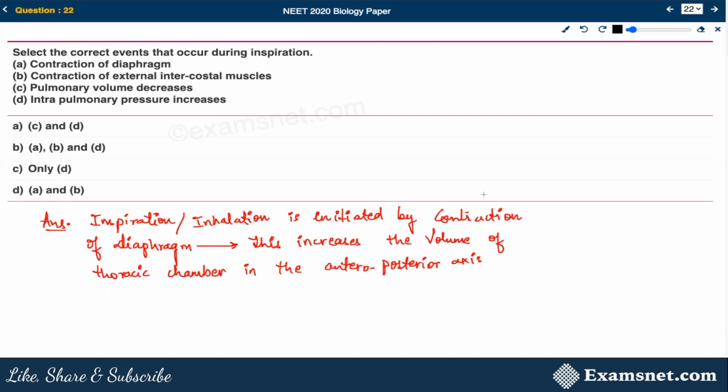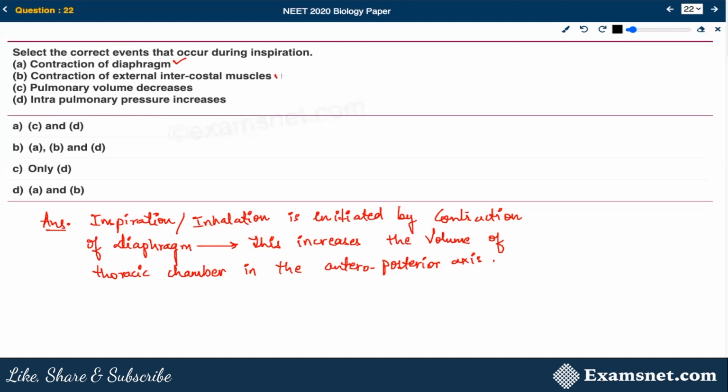So if we look at the different statements, select the correct events that occur during inspiration. The first is contraction of the diaphragm. This is going to be the correct option, that means option A will be involved. Then contraction of the external intercostal muscle as well.